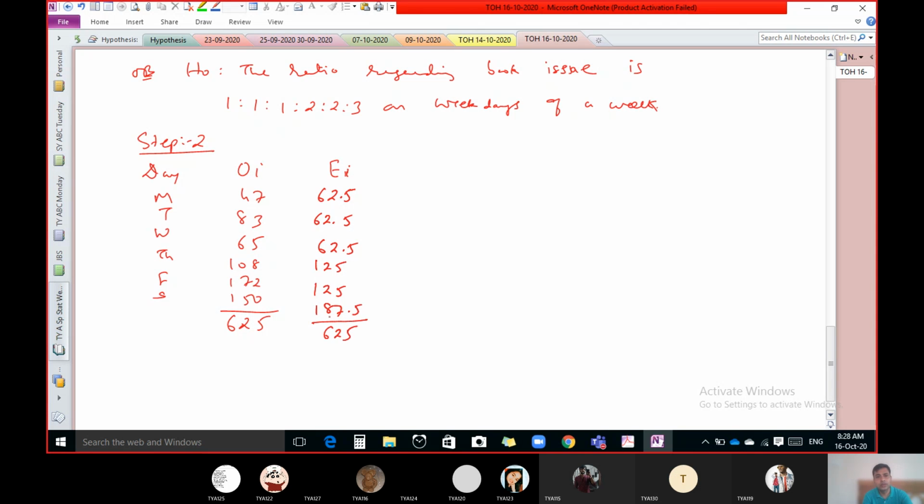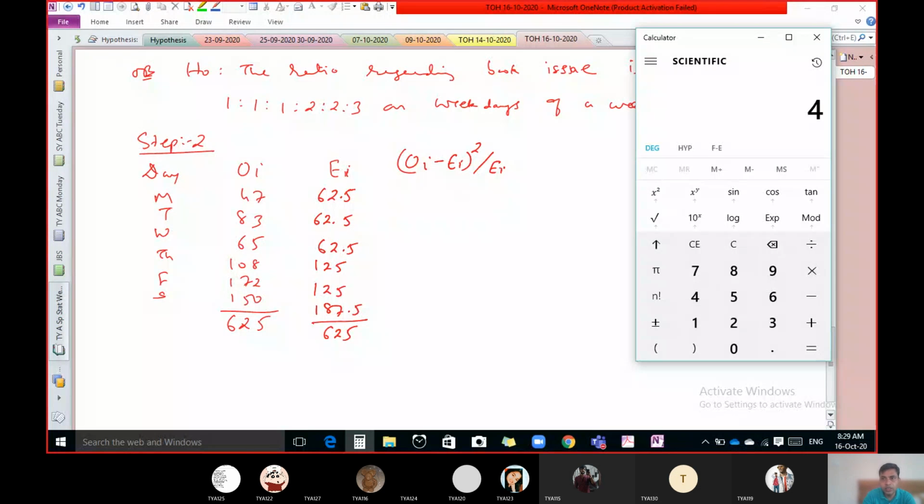So this is the way to find out observed frequency and expected frequency. Now do the calculation: OI minus EI, the whole square divided by EI. So what we have to do? 47 minus 62.5, that is 15.5, into 15.5, so it is a positive value, divided by 62.5.